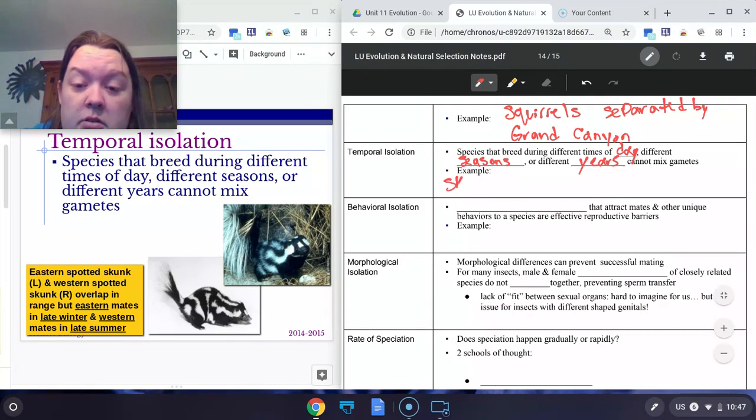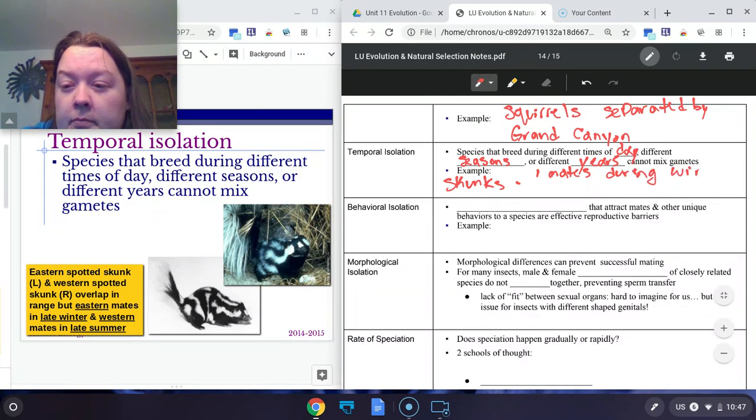So one skunk mates during winter and the other mates during summer.